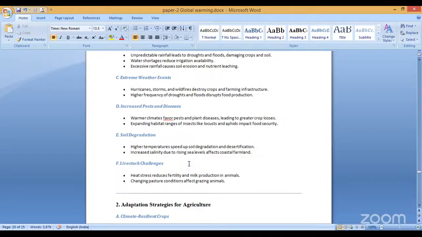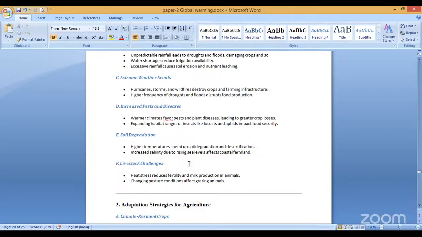Expanding habitat ranges of insects like vectors and aphids impact food security. Soil degradation: high temperatures speed up soil degradation and desertification. Desertification is when farmland converts into desert.